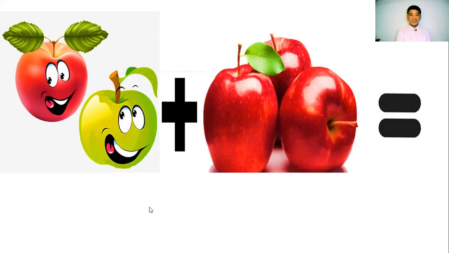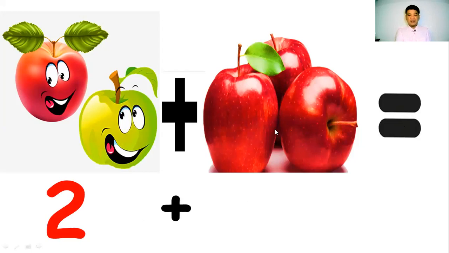Again, the first object, how many apples are there, plus the second object, how many apples are there, equals. So let us write the number of apples written as like this. So the first object, we have 2 apples plus the second objects. How many apples are there? Very good. There are 3 apples.